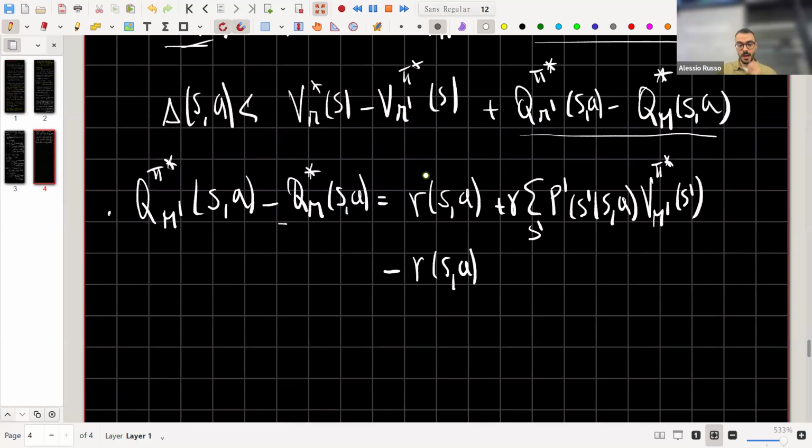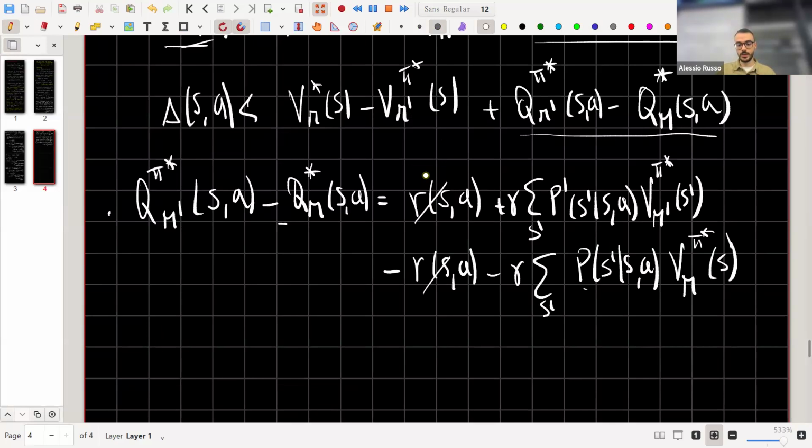So here, this is also equal to this. And these two rewards will cancel out because the two MDPs have the same rewards.